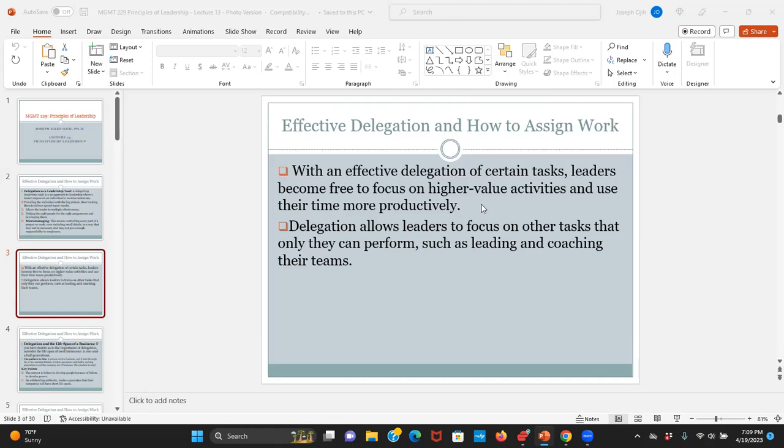Delegation not only gives leaders time for strategic thinking, but it also allows them to focus on other tasks that only they can perform, such as leading and coaching their teams. Now, I'm going to play a short clip on delegation, and that will give you a hint on how to pay attention to that.